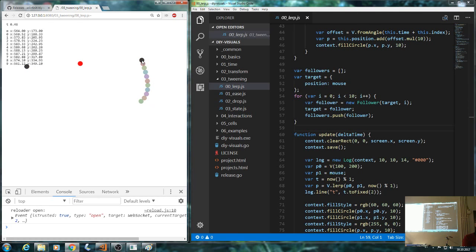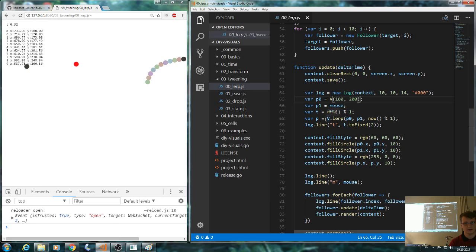First, let's take a look at the red dot moving from one point to another. Here we use this function called lerp, which finds the position between 2 points based on some value from 0 to 1.